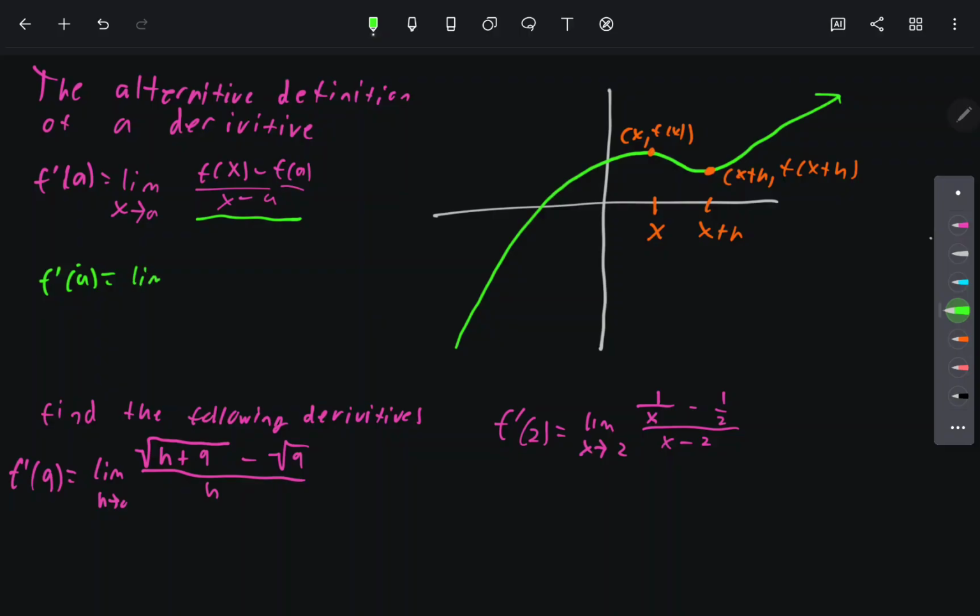It is equal to the limit as h approaches 0 of f of x plus h minus f of x all over h. That's the derivative. That's f prime of a. And more specifically, I need to say that this is at a and not x. It's just I'm used to writing x.